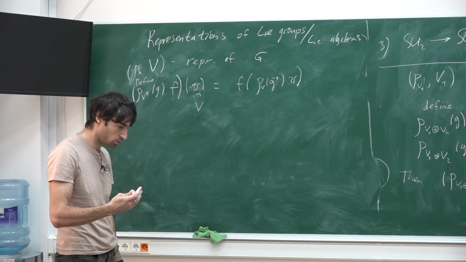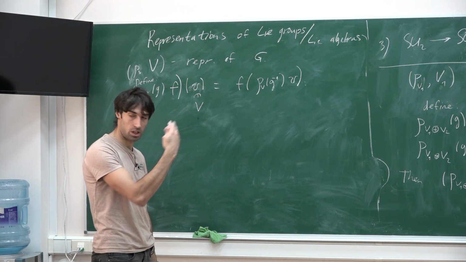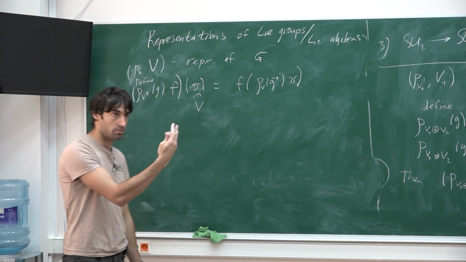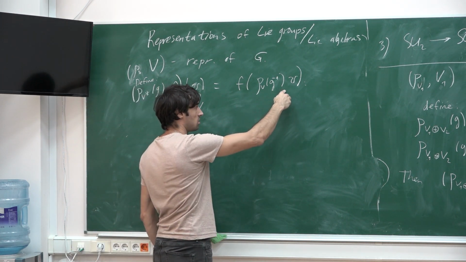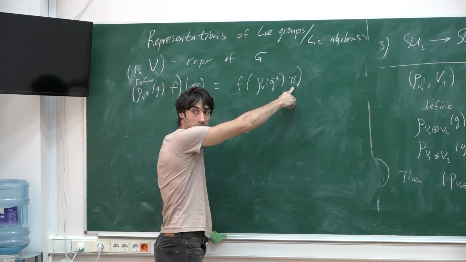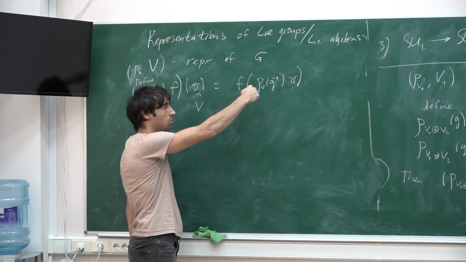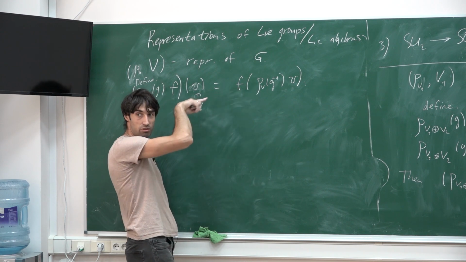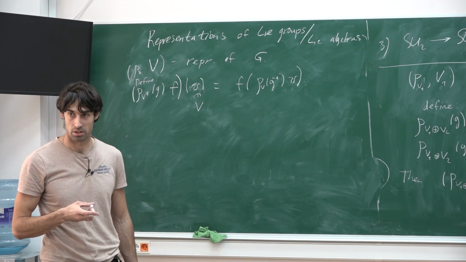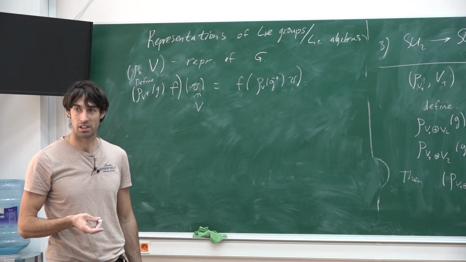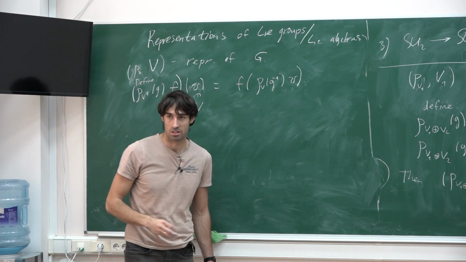And of course, how do you act on row vectors? You multiply by a matrix, say by GLN, some matrix, so this is multiplication by the matrix from the left. If this is a row vector, you multiply by this thing from the right. Well, multiplication from the right is an anti-homomorphism. It's a right action, but we need a left action here. So you twist it by this G inverse.